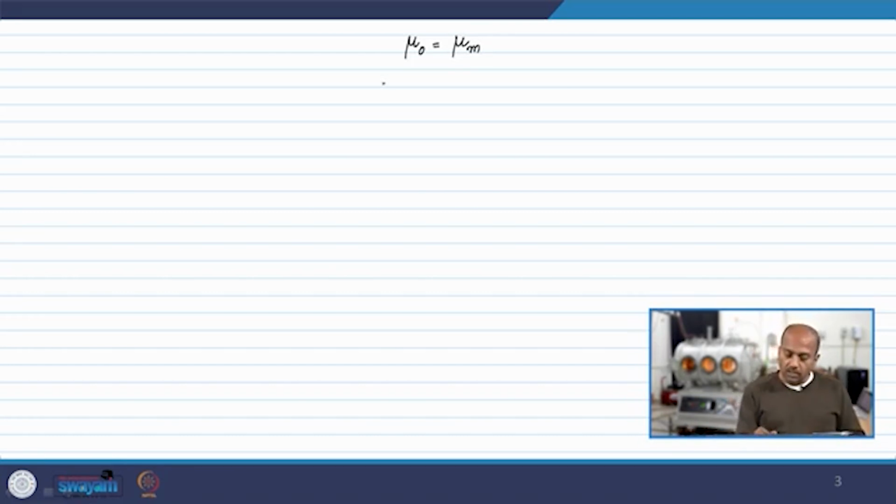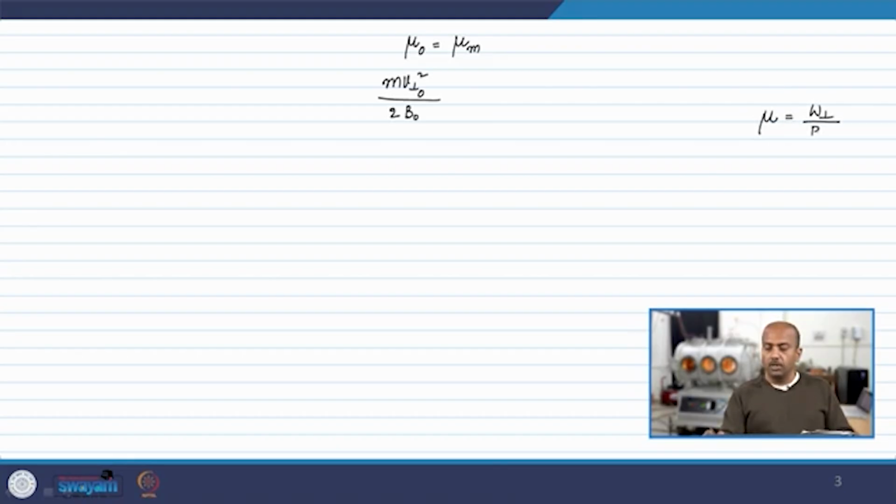So, using things that we know, m v perpendicular 0 square by 2 B naught, because the magnetic moment is only dependent on the perpendicular velocity. So, we have written mu as W perpendicular by B or m v perpendicular square by 2B.